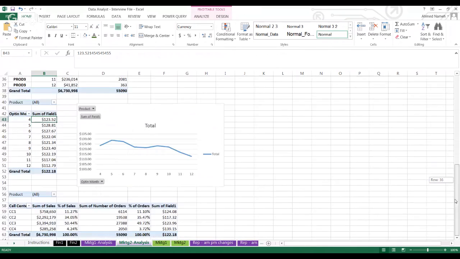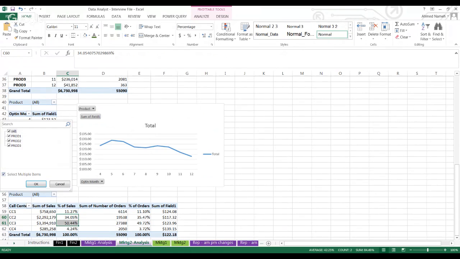And last but not least, I looked at sales and orders per call center, and it's very clear that call centers 2 and 3 account for most of the sales generated. For all 3 products, they account for 85% of the sales.